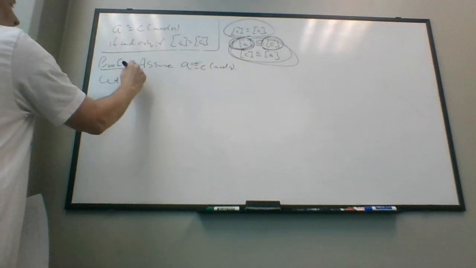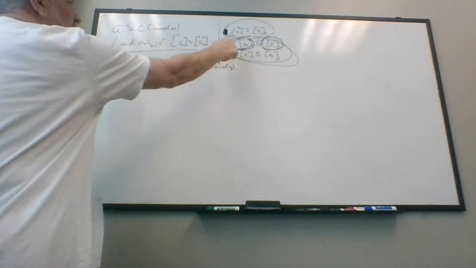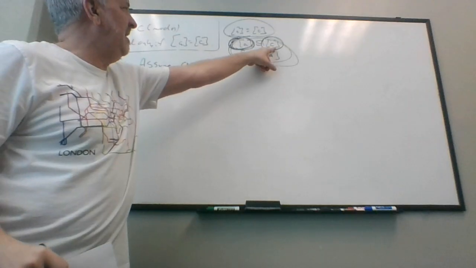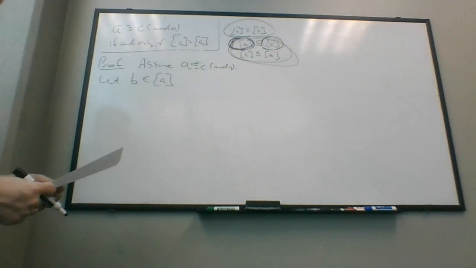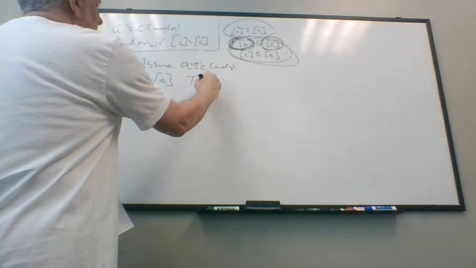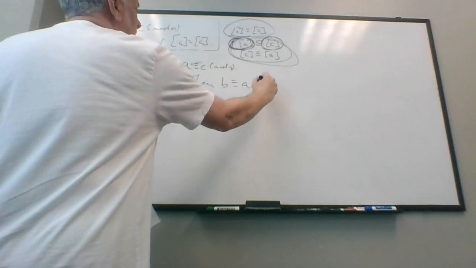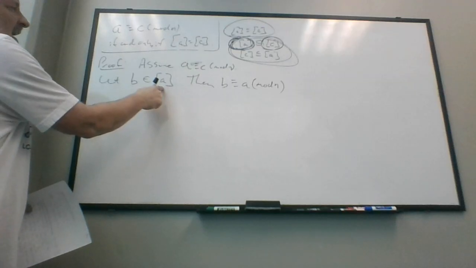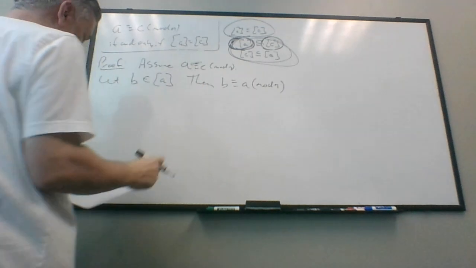So let B be an element of the congruence class of A. I need to show that B is in the other class, and then I'll have a subset. What does it mean for B to be in the congruence class of A? Our definition said that B is congruent to A mod N. The congruence class of A is everything in the integers that's congruent to A. So if B is in this class, B and A are congruent.